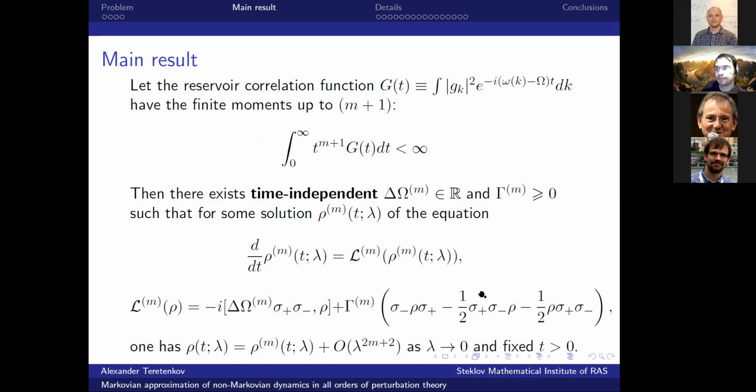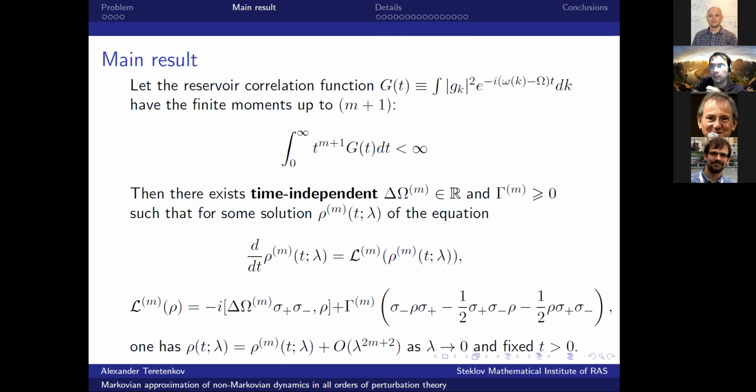And it is actually, I think, very natural if you think about the dynamics described by the GKSL form equation with constant coefficients as Markovian dynamics. If you have enough moments of the correlation functions, what does it mean physically? It means just that the correlation function is well localized in time.